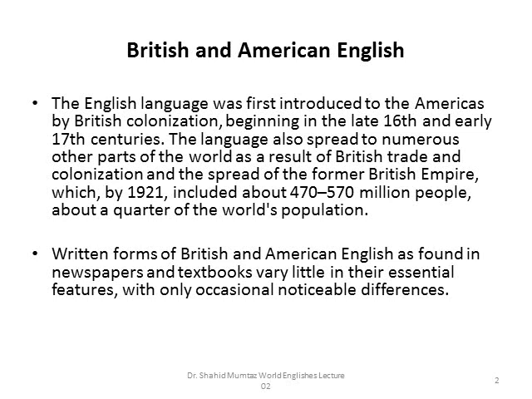There is very little difference in their essential features, with only occasional noticeable differences. So only sometimes you feel that this is American English or British English. Otherwise, in the written form, there is very little variation in these two dialects of English.